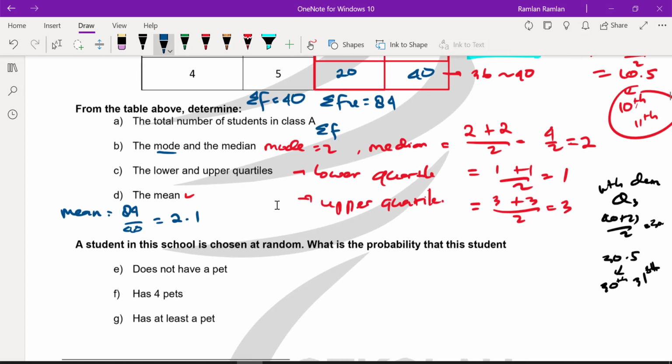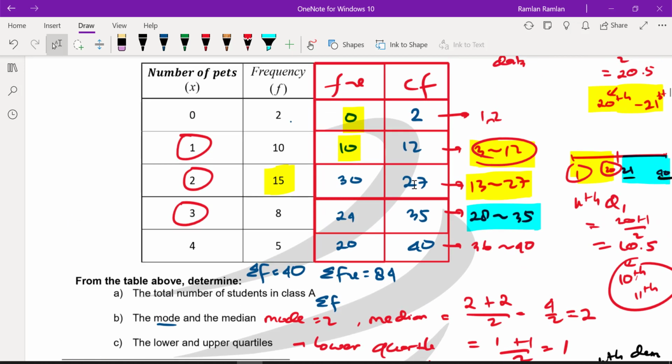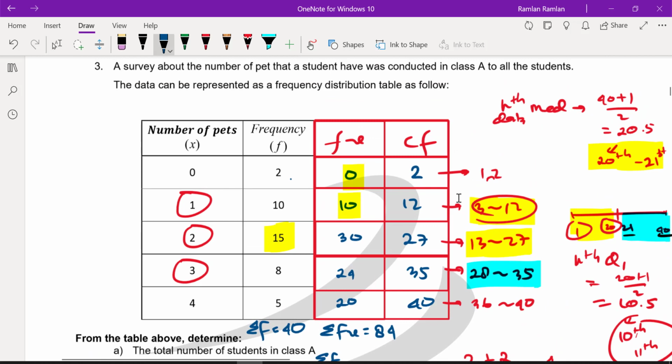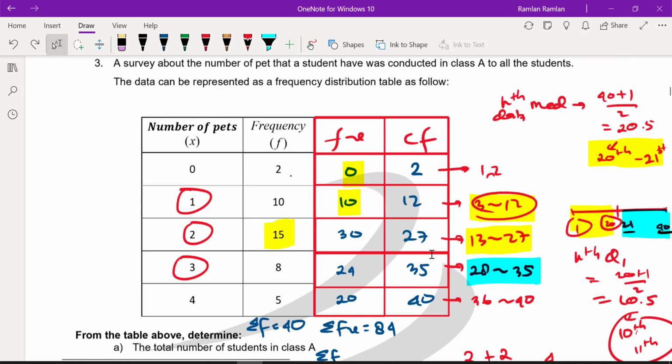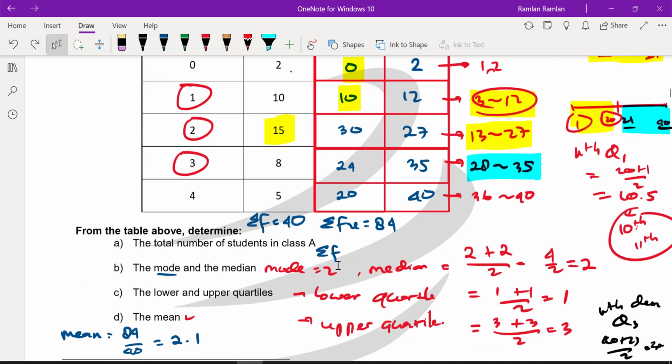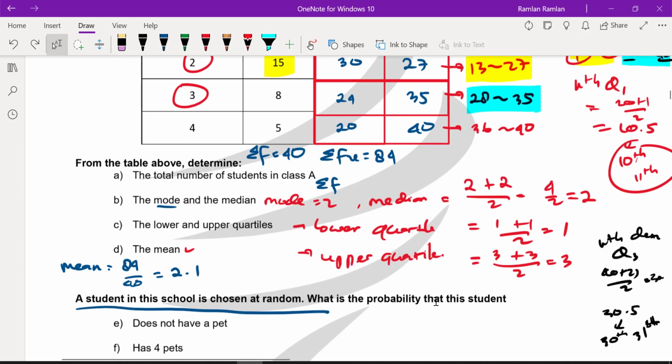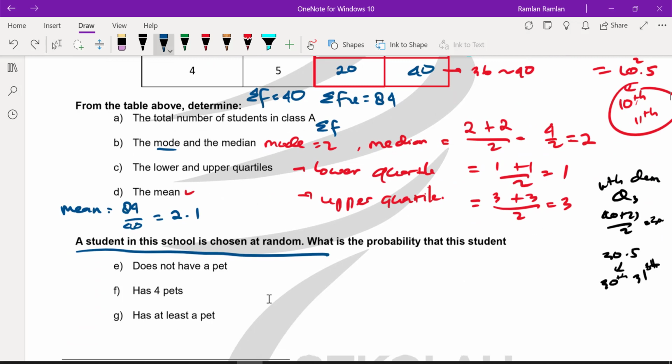A student in this school is chosen at random. So one student is chosen at random, since we know that we have 40 students in here, right? So the total number of students is 40 in this data, and we're going to pick one out of those 40. What is the probability that this student does not have a pet? So does not have a pet, meaning that the pet is equal to 0.